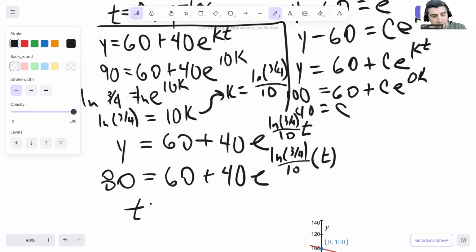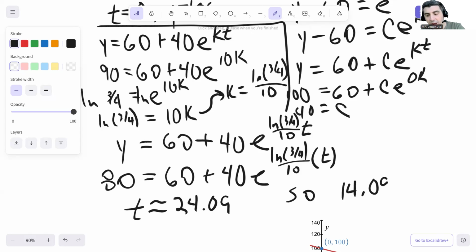You would get t is approximately equal to 24.09. Now, the question asks how much longer, so it was already 10 minutes when the phone was down to 90 degrees. So if we subtract 10 off of that, you would get about 14.09 minutes.